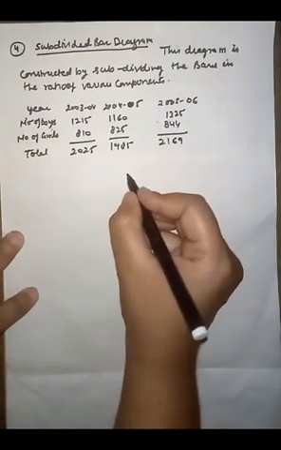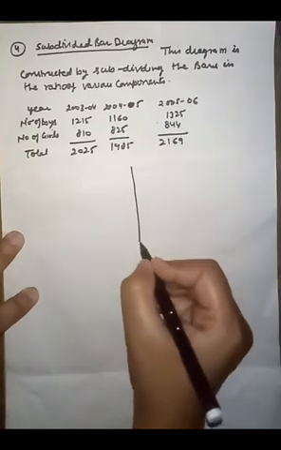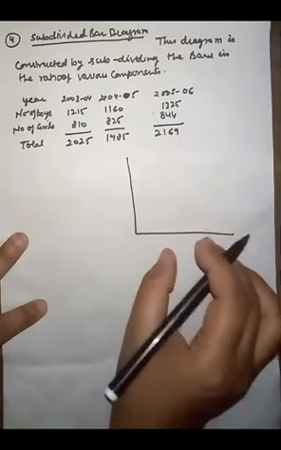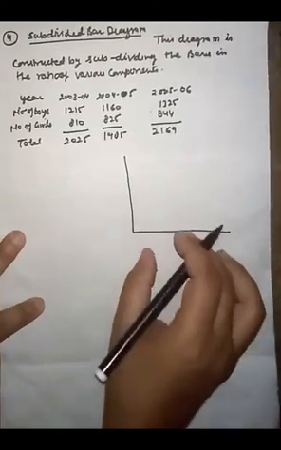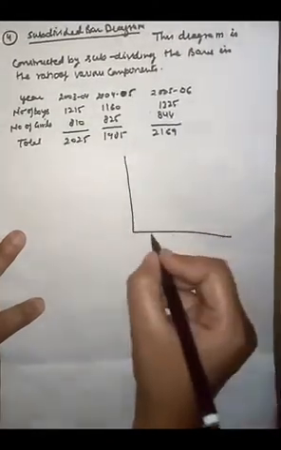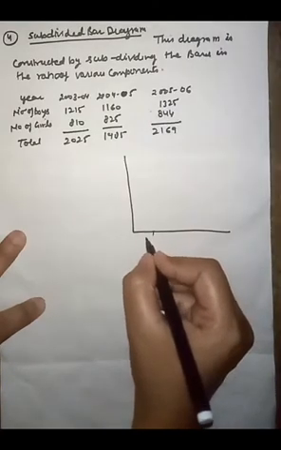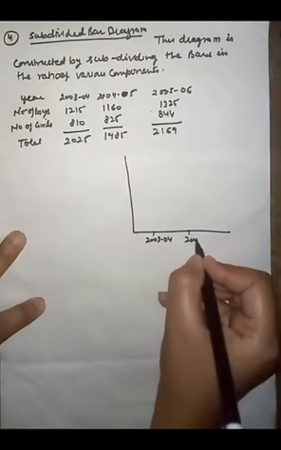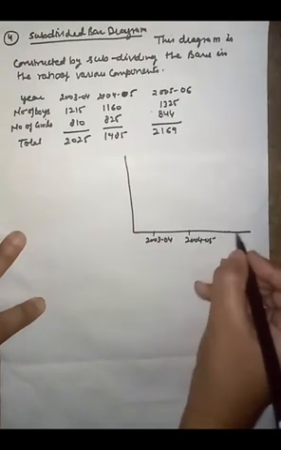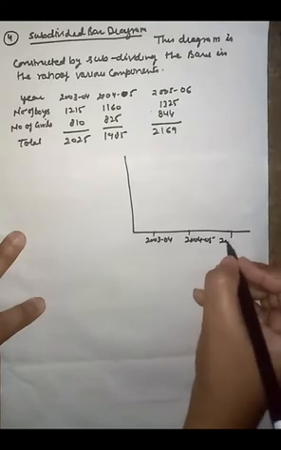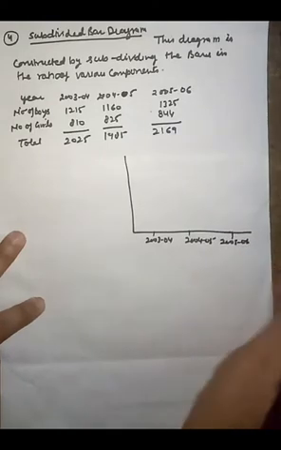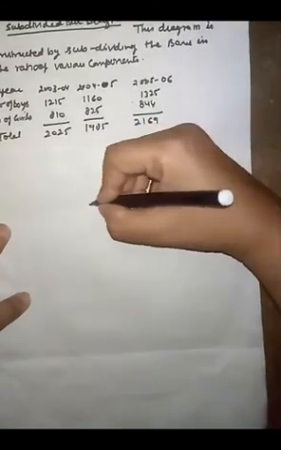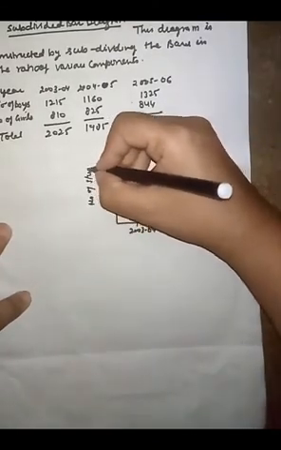How? Here we can take the year. This one is 2003 to 4, this one is 2004 to 5, and now this one is 2005 to 6, right? Similarly here we have taken the number of students.